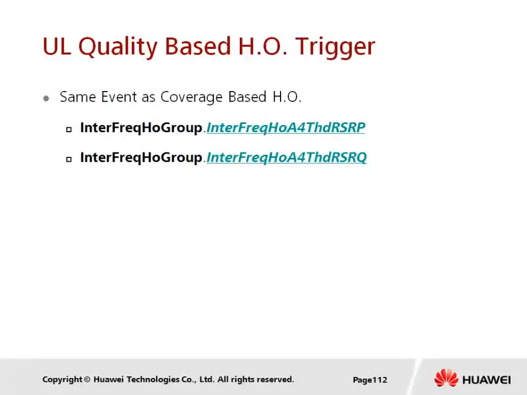When the user is in the measurement gap, the user is measuring the target candidate cell, and will send event A4 when the A4 criteria are met, following the same configuration of the event A4 for coverage-based handover. So the RSRP and the RSRQ A4 thresholds have to be defined.